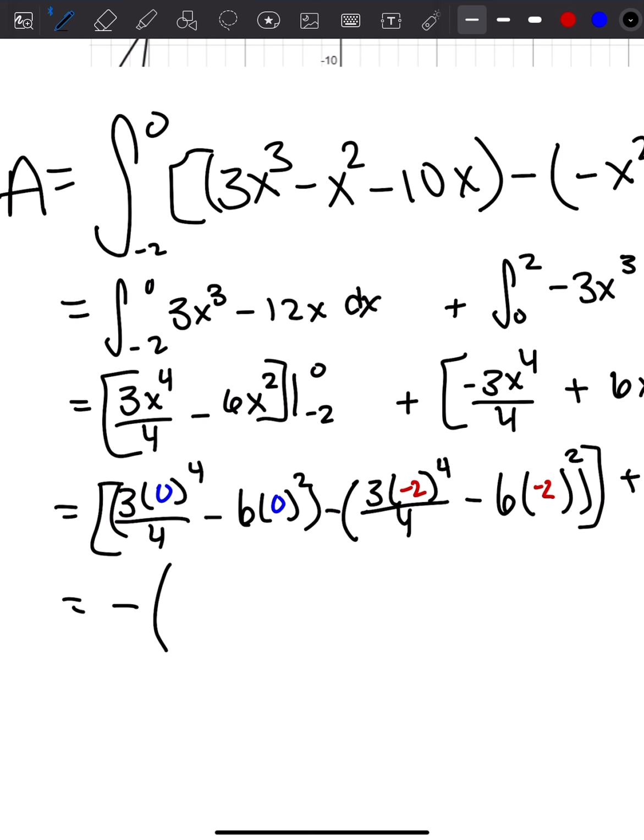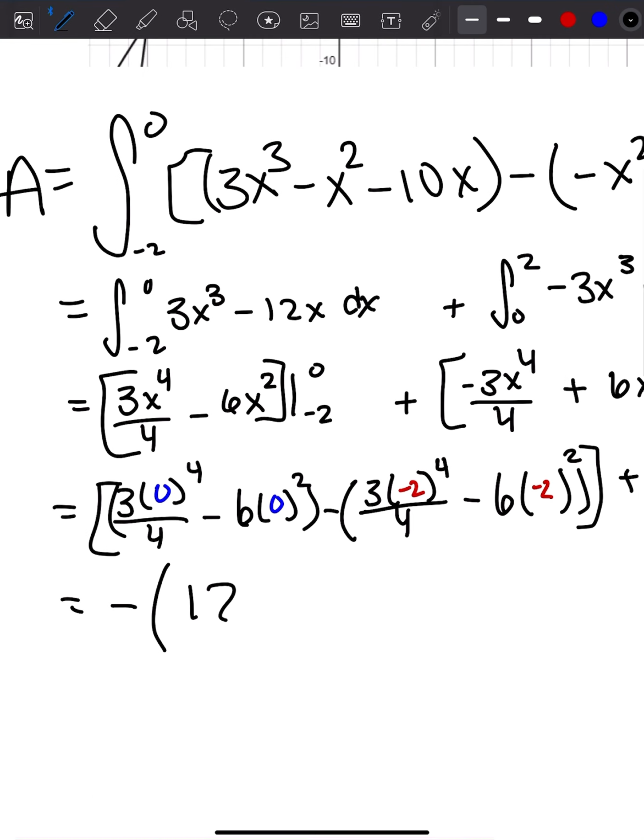So I have negative 2 to the 4th power, so that's negative 2 squared and then squared again, so negative 2 times negative 2, which is 4, and then I'm multiplying it by another set of 4. So 16, but we're also dividing it by 4, so I have 4, and we multiply by 3, so I have 12. I have negative 2 squared, which is 4, times 6, which is 24. So I have 12 minus 24, and that's all negative.